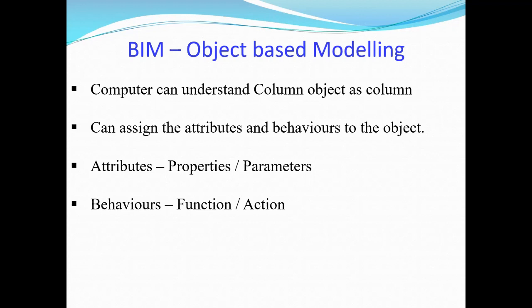Similarly, what's the function of a beam? It's a horizontal element that transfers loading sideways to the supported elements. So each object has its own parameters and functions. We can define these so they can be understood by the computer. That's important.